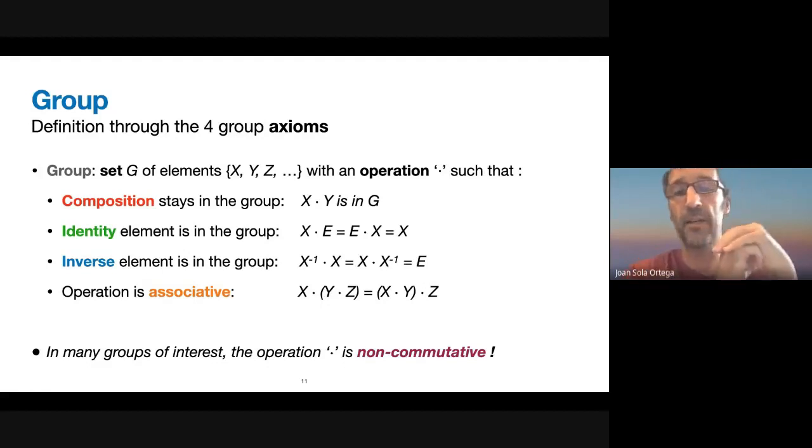It is very important to say here that the operation dot in most interesting Lie groups is non-commutative. So X times Y is not the same as Y times X. You know this, for example, in 3D rotation matrices: you cannot change the order of the rotations because the result is another thing. However, in 2D, you can change the order of operations.